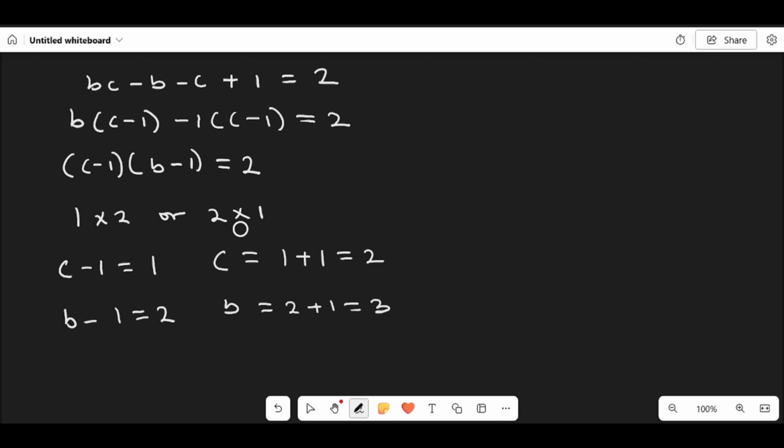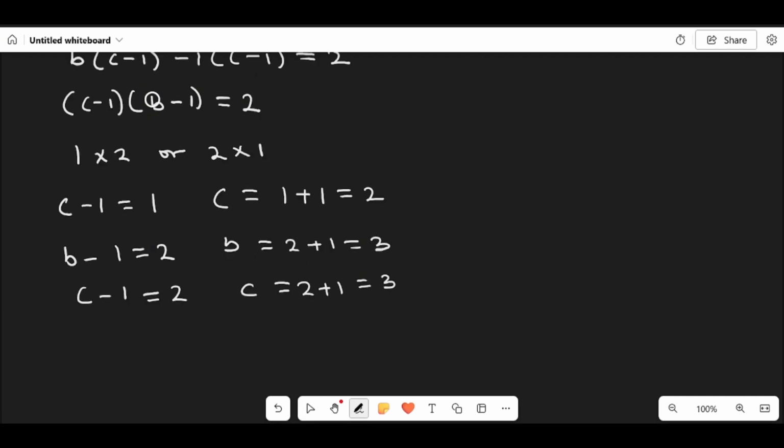Another form that we can use is 2 multiplied by 1. That means let us say our c minus 1 equal to 2, and if we add 1 to both sides, c equal to 2 plus 1, which is equal to 3.